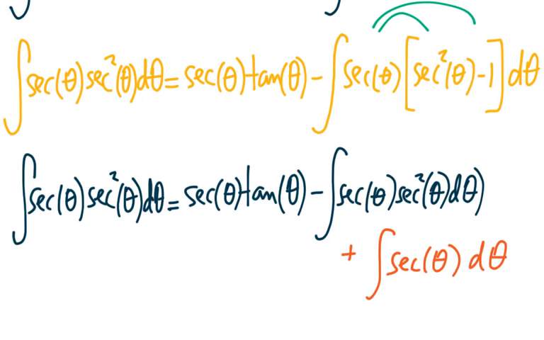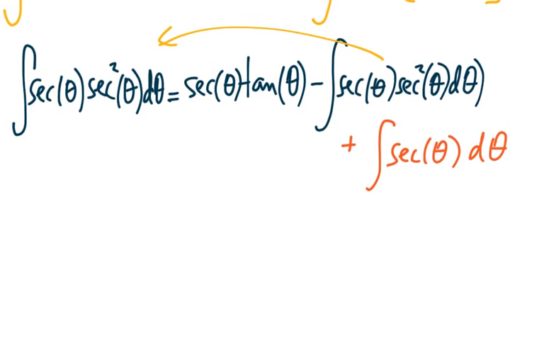The nice thing happened here, I have the integral on both sides, so I can move this one to that side and solve for it implicitly. It's not like we could not find the integral, but we can simplify it.